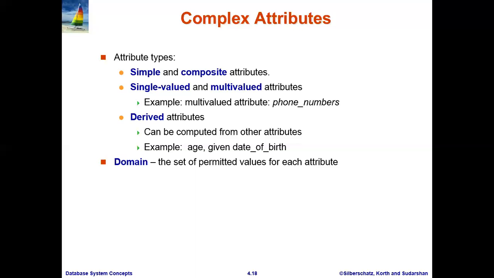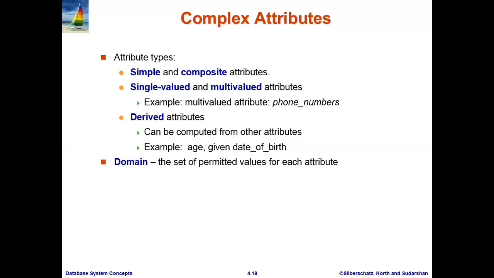Age is a kind of attribute which is a derived attribute. Age is always calculated from the given date of birth. For example, if somebody's birth date is 1st July 2000, then currently his age will be 20 years. So this is how we compute the value of age from the given date of birth. So in this case, age is a derived attribute.